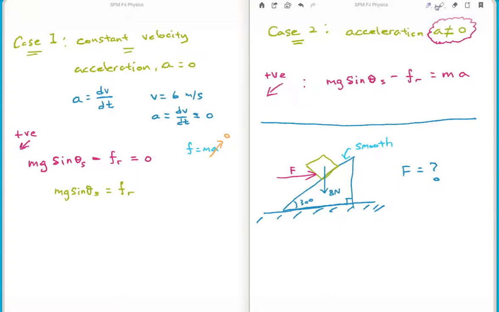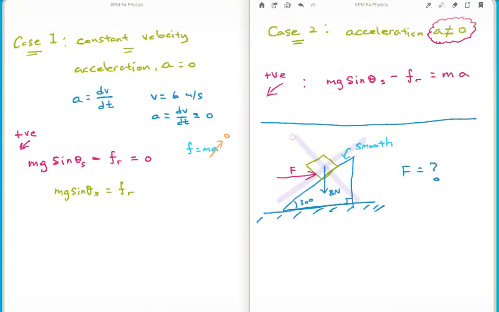First find out where's the axis. If this is where the ground, going down 8 Newton, so what you need is actually you need to find out this here and here, the x and y axis.